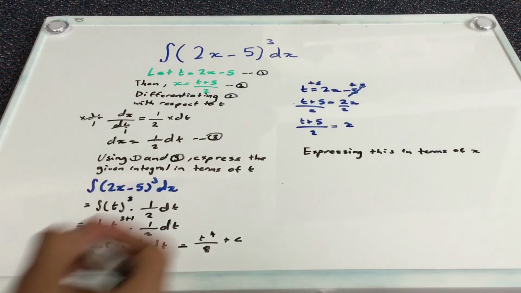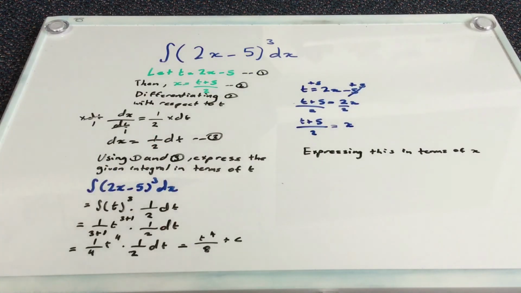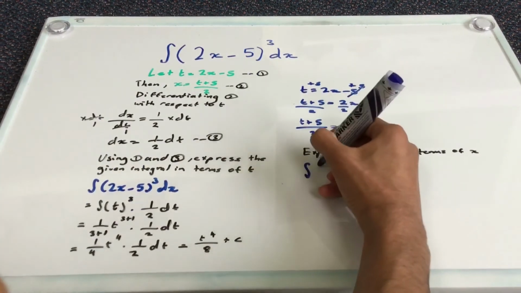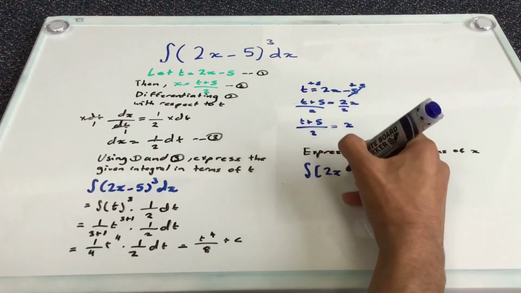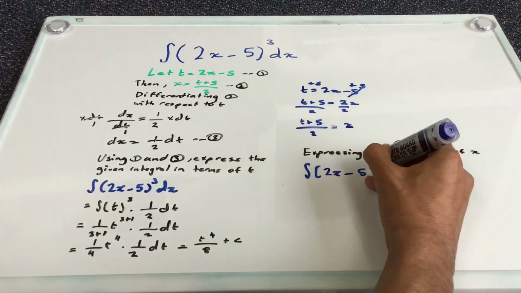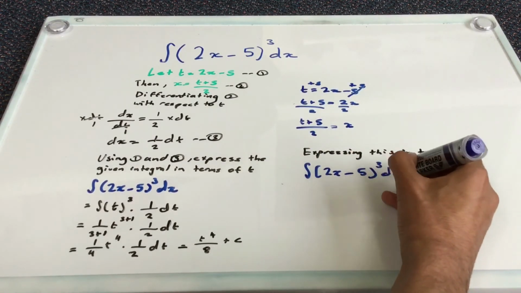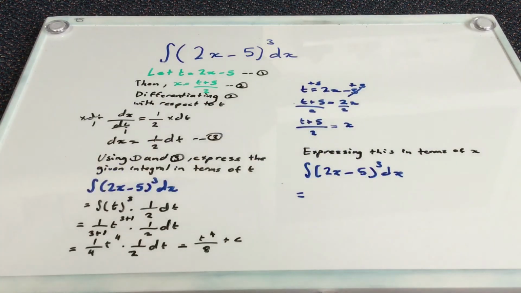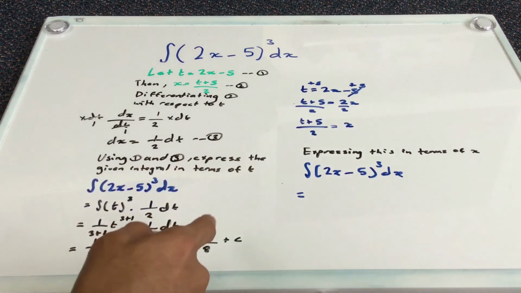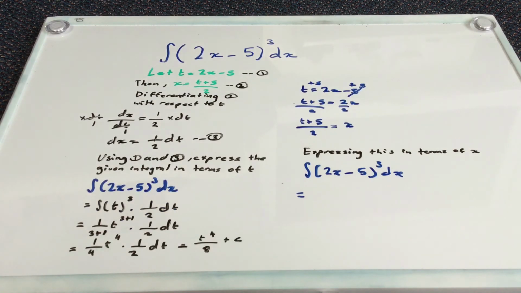Looking back at our equation, the integral of (2x minus 5) to the power of 3 dx, we know that when we integrated, we got t to the 4 divided by 8, plus c.